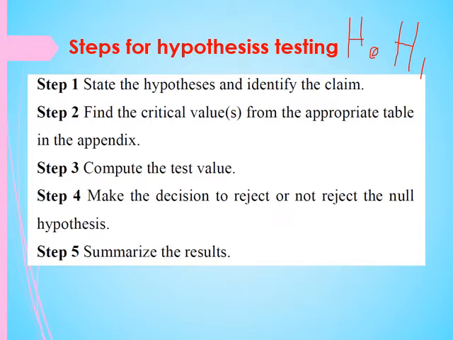Step number 2 is finding the critical values from the appropriate table in the appendix. We have already mentioned the critical value definition and the critical and non-critical regions, and how to determine the critical region from the tables.